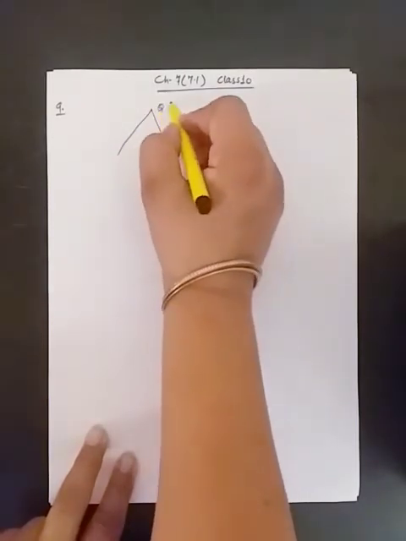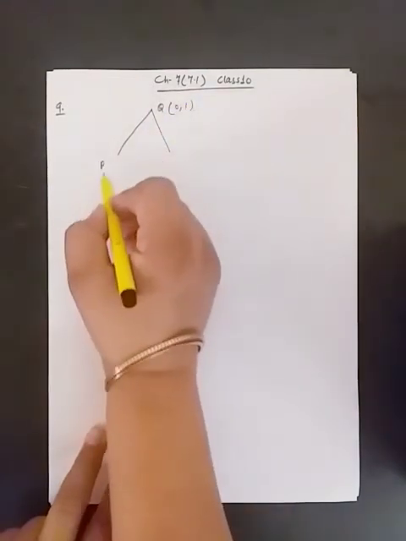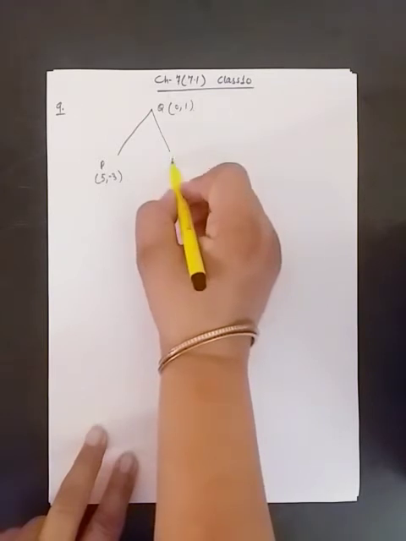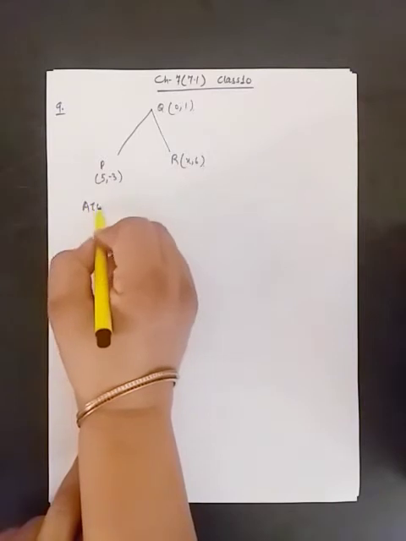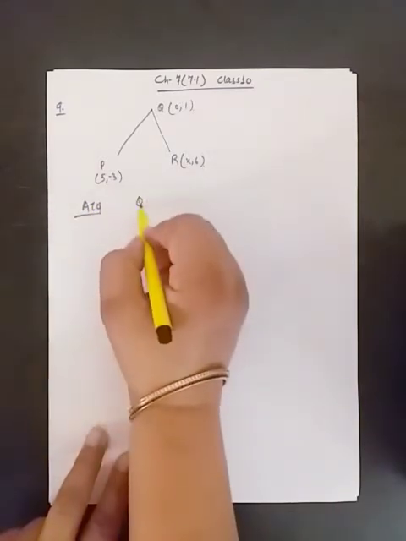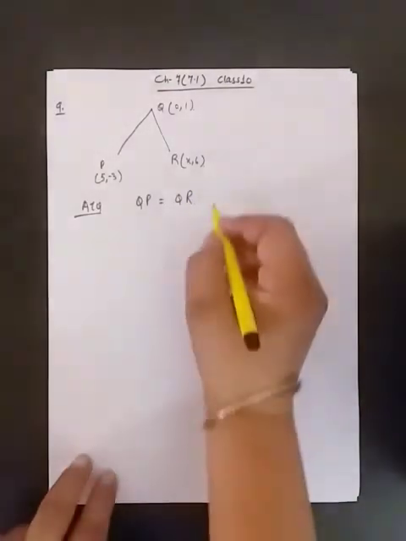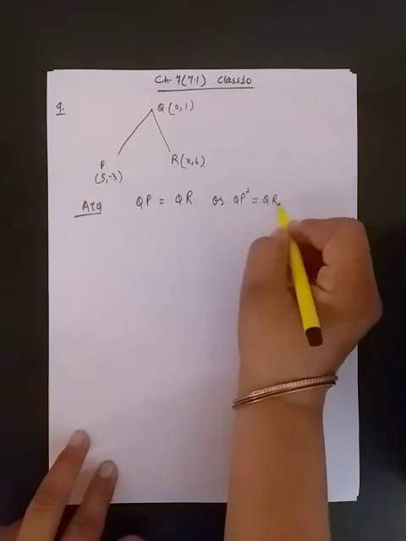This is point Q and its coordinates are (0, 1). And this is point P, its coordinates are (5, -3), and this is point R, it is (x, 6). Now according to the question it is given that QP is equal to QR, or we can say QP square is equal to QR square.